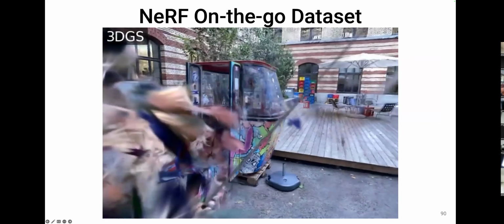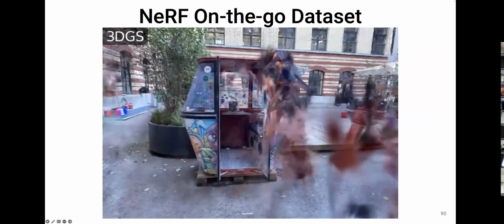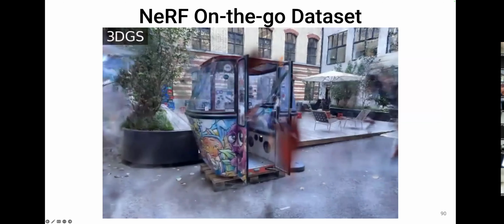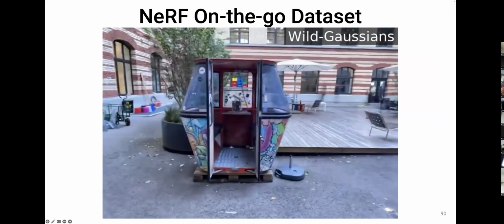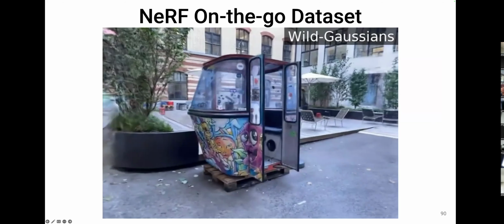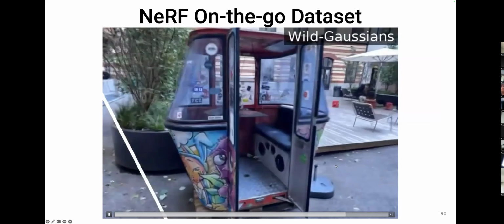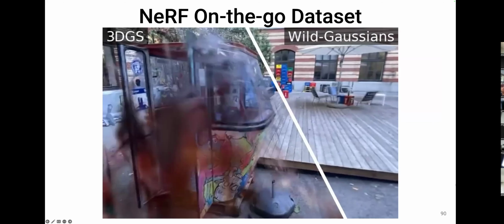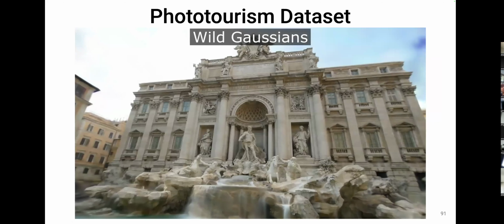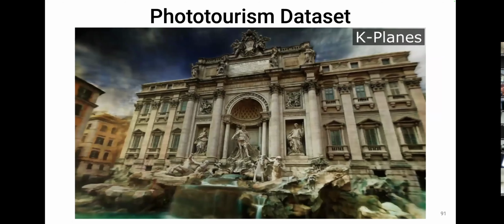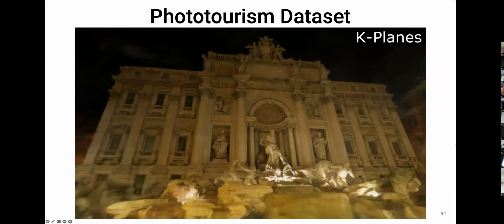So again, back to these very complicated cases, if you just compare to the naive or vanilla 3D-GS, well, we are doing very well. And then what's also cool is that you can actually do this rendering on this, again, this fountain, and this is based on a method called K-Plane.